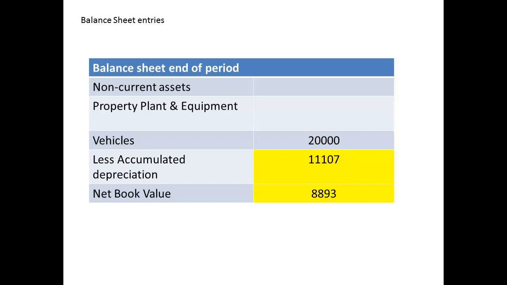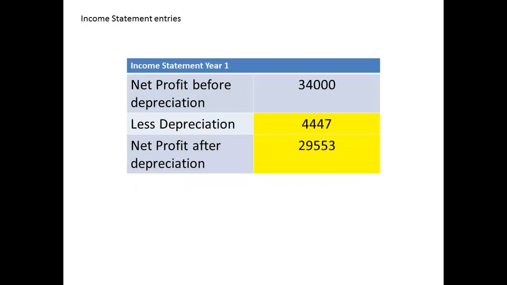We need to add the 4,447, giving a total of 11,107 for accumulated depreciation and a net book value of 8,893. For the income statement, we subtract the depreciation expense of 4,447 from the net profit before depreciation to give a new figure for the net profit of 29,553.